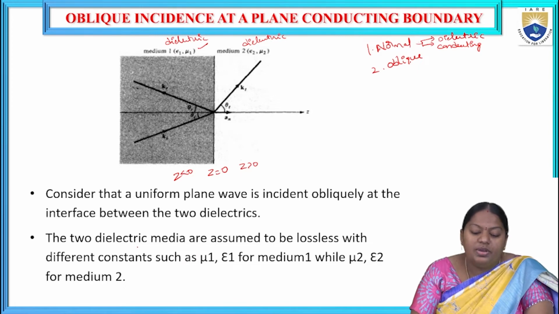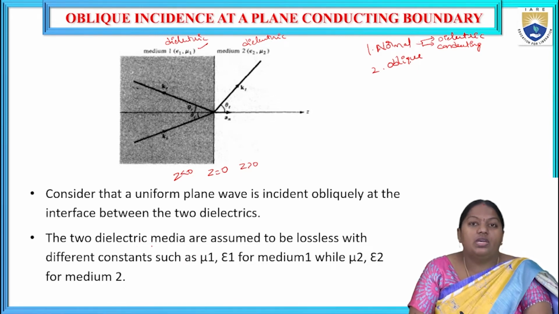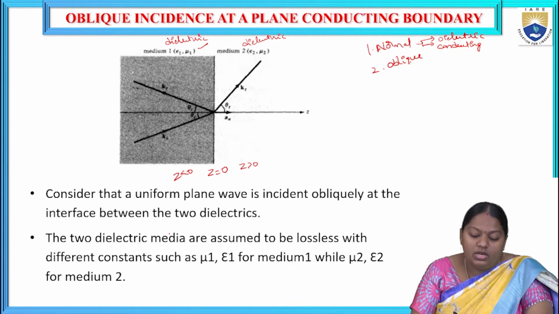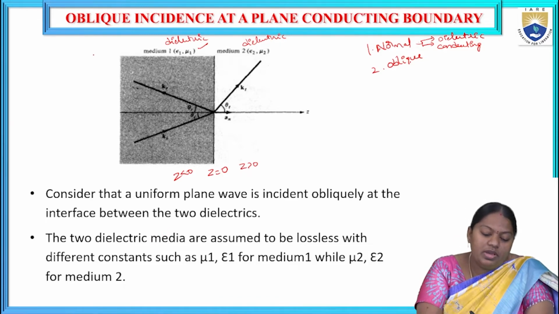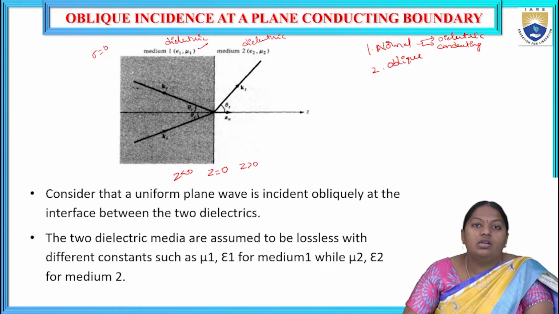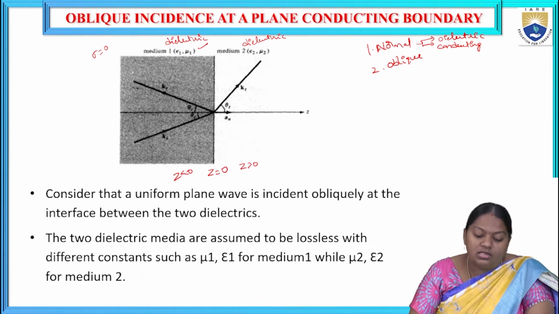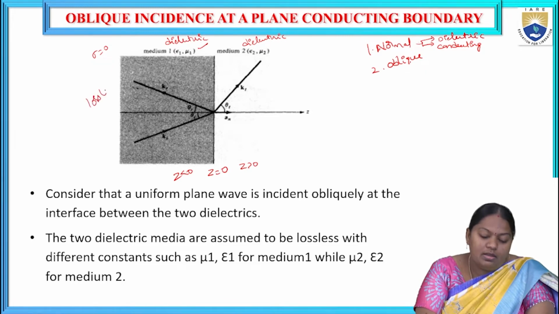In both media we select dielectric media only. For a dielectric medium, as we know, sigma equal to 0, the conductivity is 0 for a perfect dielectric medium, which is also called a lossless dielectric medium.